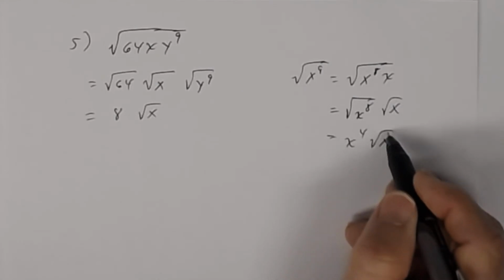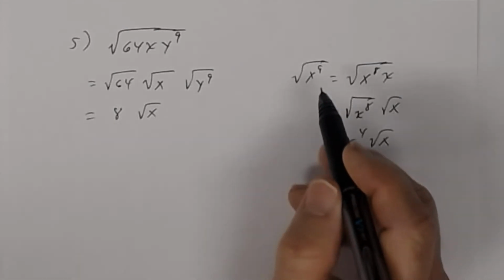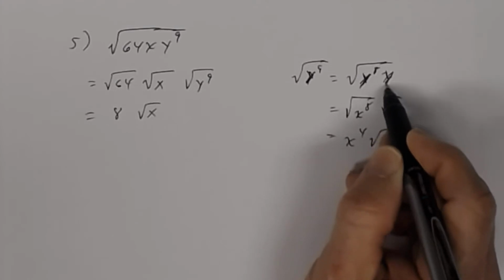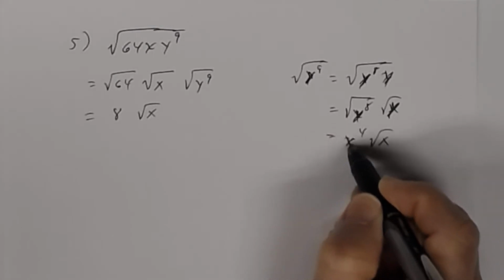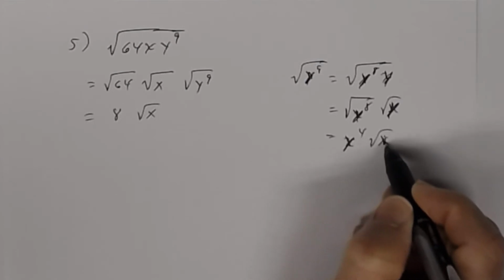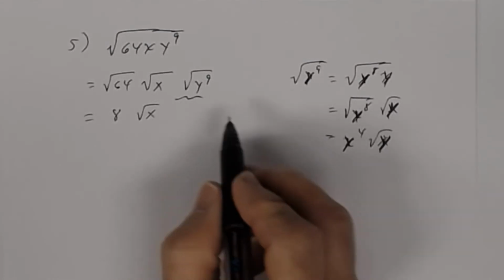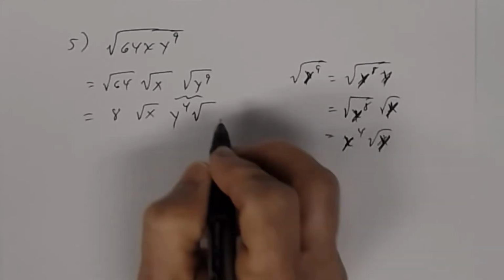So I cannot simplify the square root of y for the same reason I couldn't simplify the square root of x. So that's y to the 4th times the square root of y.